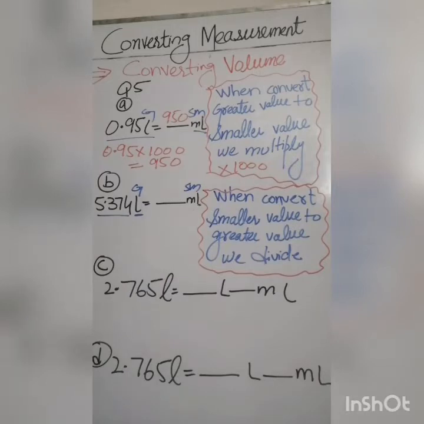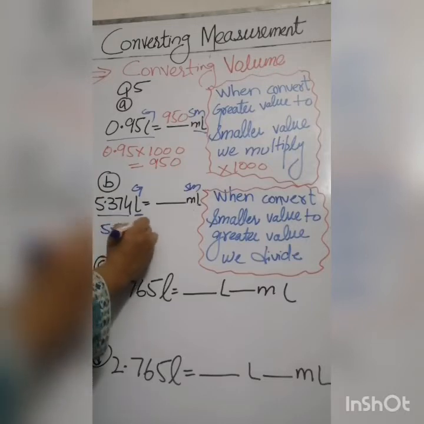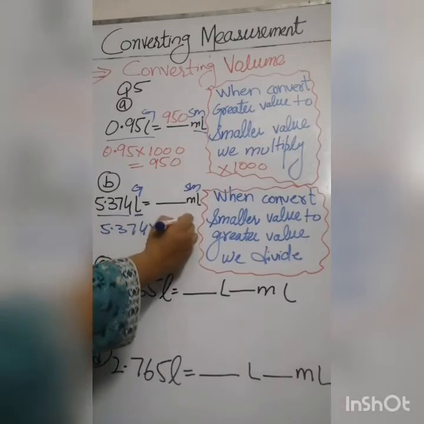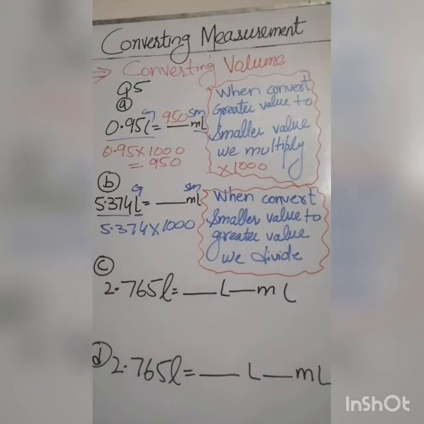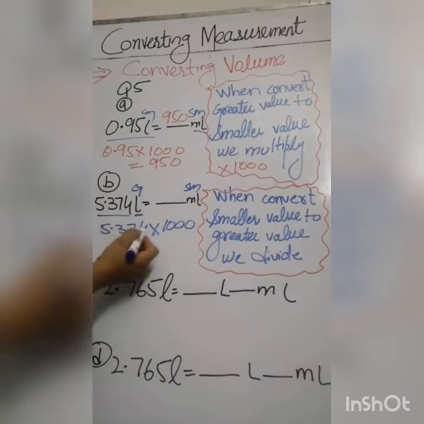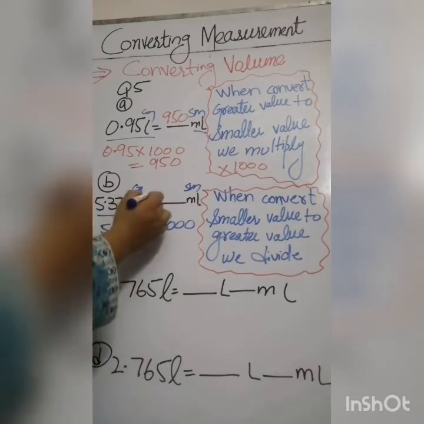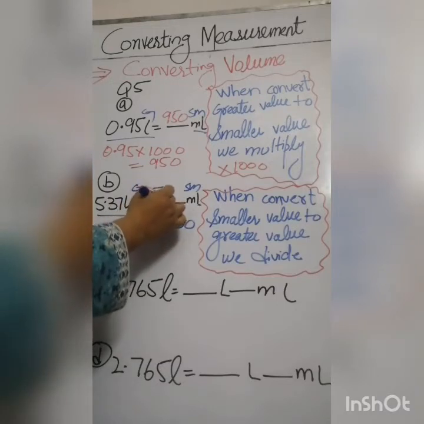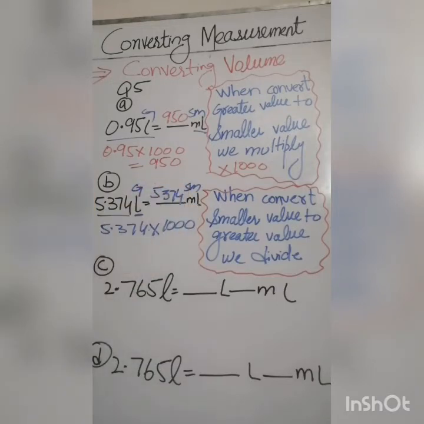In conversion of the liters and milliliters, we use the number 1000. So 5.374 multiplied by 1000. The decimal point moves 3 places to the right and we get 5374.